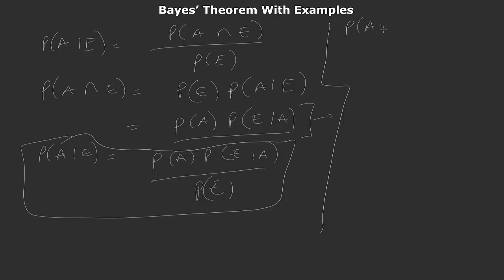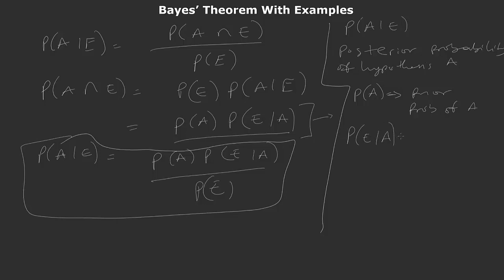This probability is typically called the posterior probability of hypothesis A. Then this part is typically referred to as the prior probability of A. Then we refer to the probability of E given A as the likelihood.